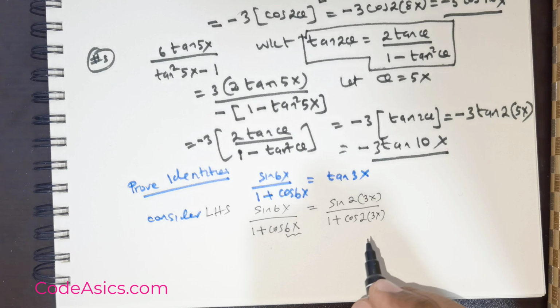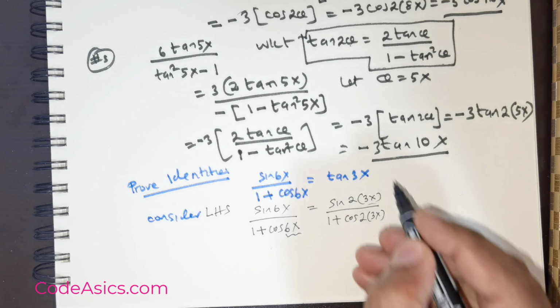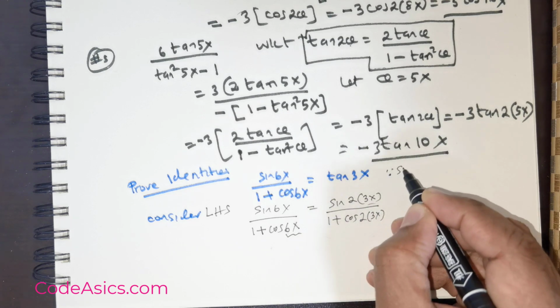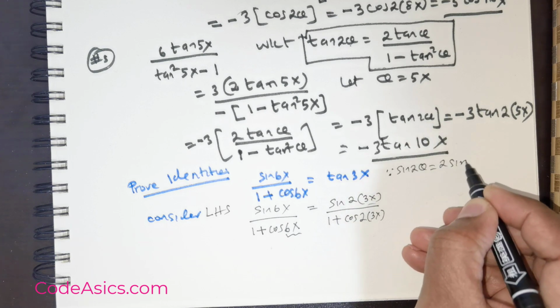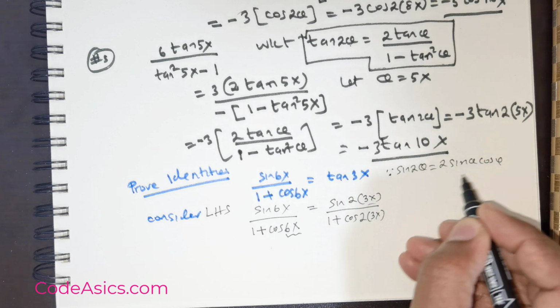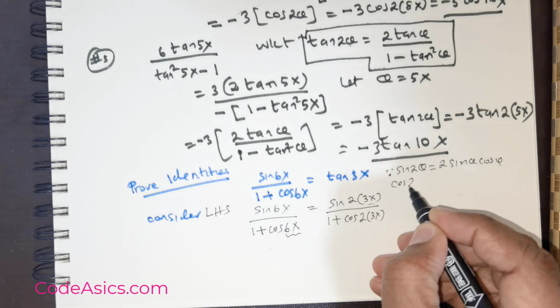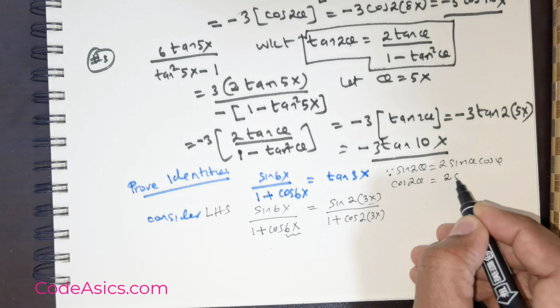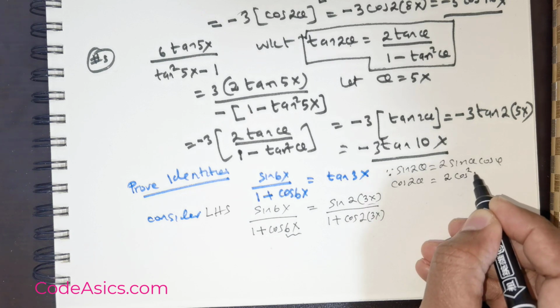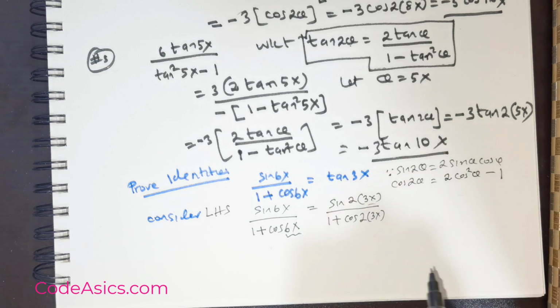So clearly you can see that we can easily apply the sine 2 theta formula and the cos 2 theta formula. Let me write that down. Since sine 2 theta is 2 times sine theta cos theta, and cos 2 theta is equal to 2 times cos squared theta minus 1.